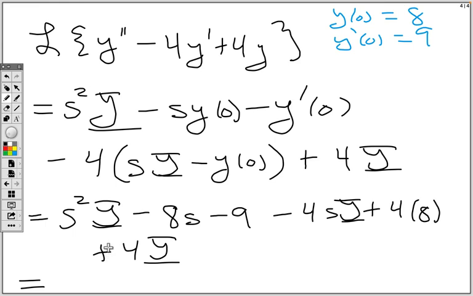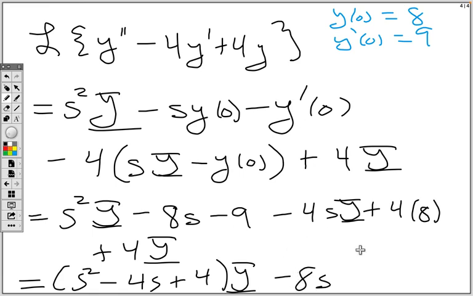So let's get everything involving the y. We can factor it out. So I've got s squared y's there. Minus 4sy. Plus 4y. So s squared minus 4s plus 4 times y. And let's see what else we've got here. We've got a minus 8s. And then plus what? We got 32, 23?